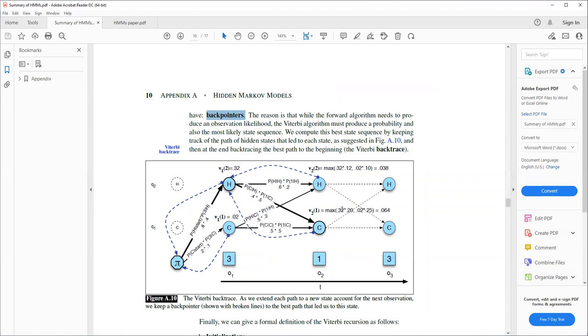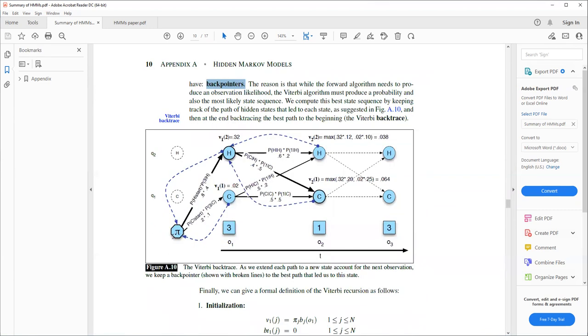So when computing these values, you'll use the same left to right formula to compute all of them. However, instead of summing, you'll be using maximum. And at each point, once you compute the maximum, you'll draw these dotted lines back to the one which got selected, so that you know which path was used.